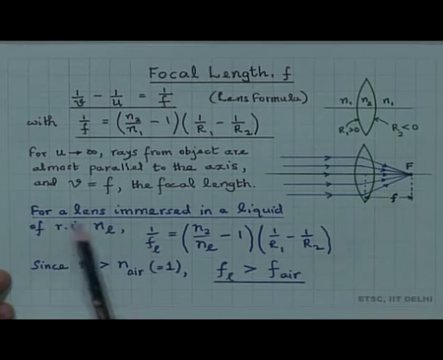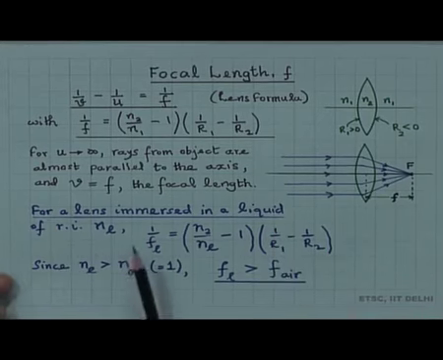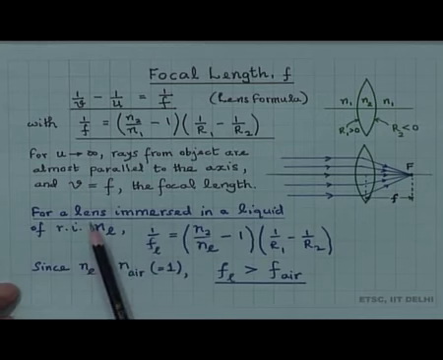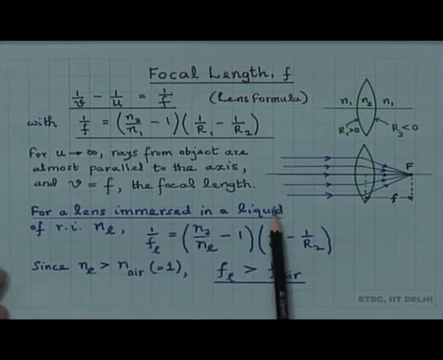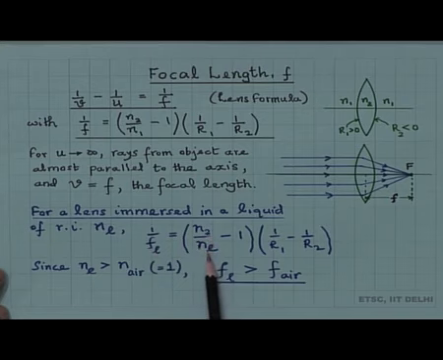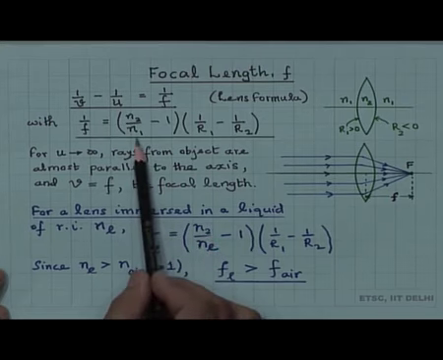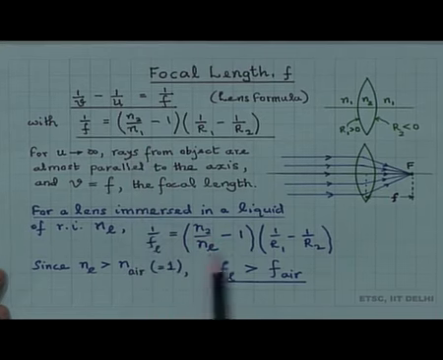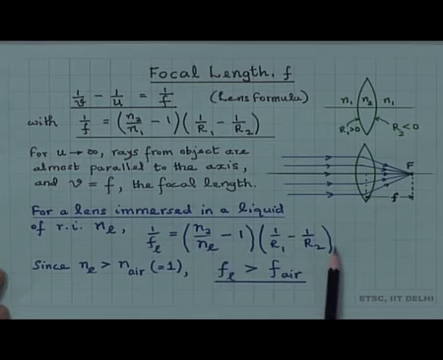But if we immerse the lens in a liquid of refractive index NL, then 1 by FL, where FL is the focal length in the liquid, is n2 by NL minus 1, divided by this. Instead of n1, I have used NL, the refractive index of the liquid.